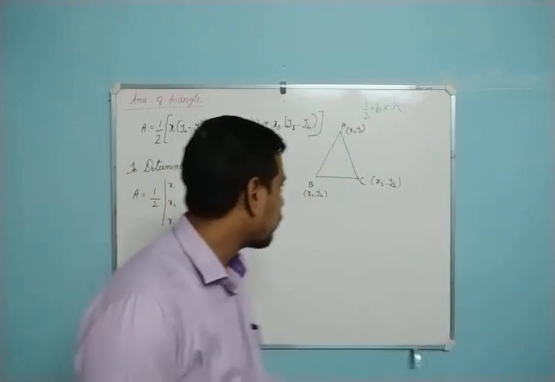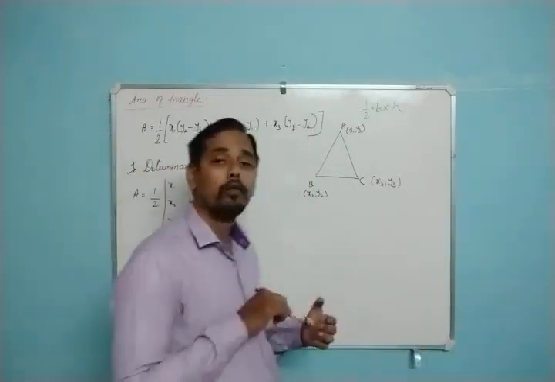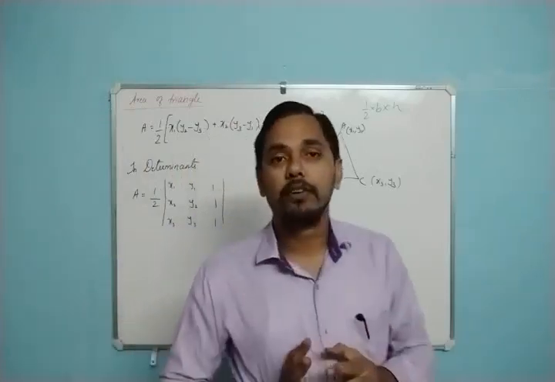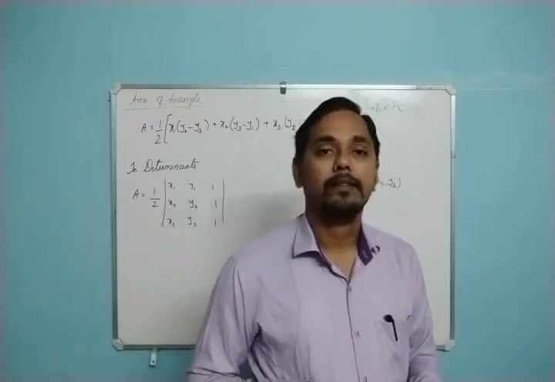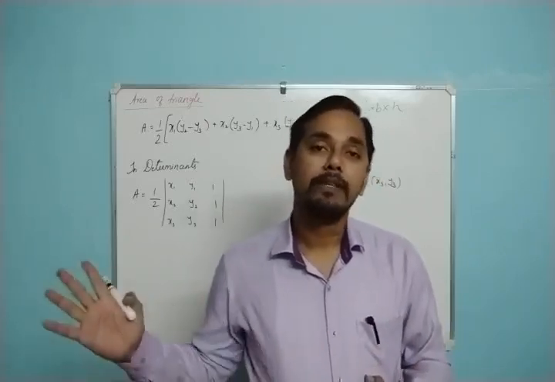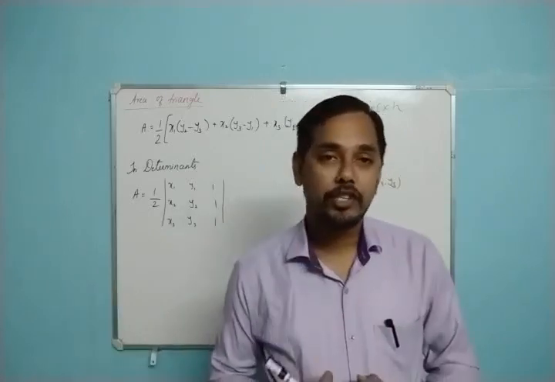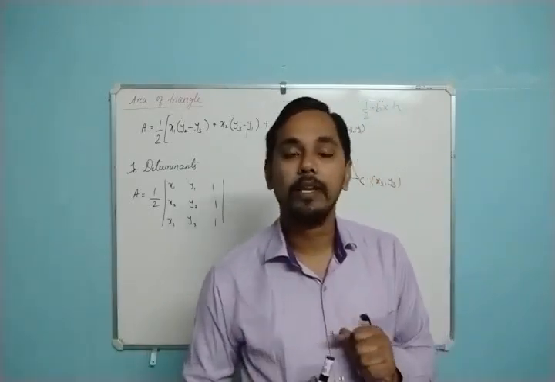One more point here is that we are also making use of this area concept of a triangle to check whether points are collinear. What do you mean by collinear points? The points which lie on the same straight line, we refer to as collinear points.